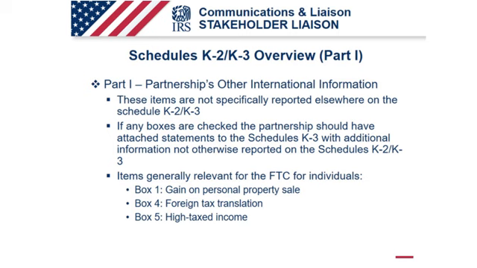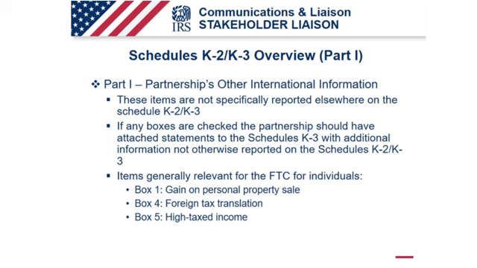Thank you, Jim. So now there are currently 12 parts to the Form 1065 Schedule K-2 and 13 parts to the Form 1065 Schedule K-3. The Form 1120S Schedules K-2 and K-3 each have fewer parts than the Form 1065, and that is because not all of the parts are applicable to S corporations.